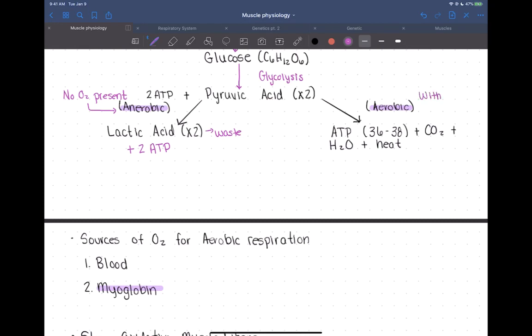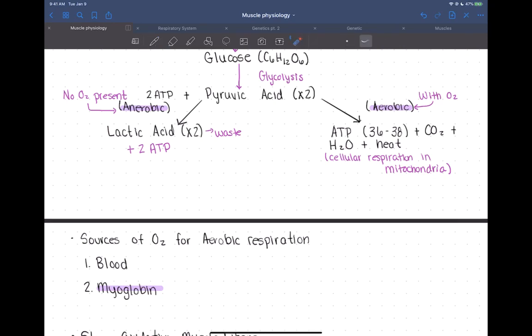So let's look at the oxygen route. This is with oxygen. That is aerobic respiration. With aerobic respiration, you can go through the rest of cellular respiration. That's what the process is called, and this happens in the mitochondria of the cell. It's a long process. Again, you're going to learn about all the steps in A&P2 with metabolism in the digestive system.